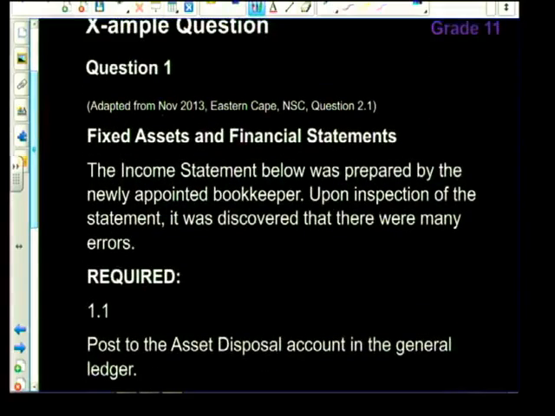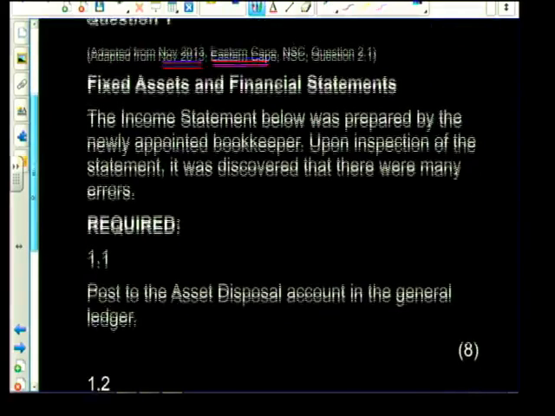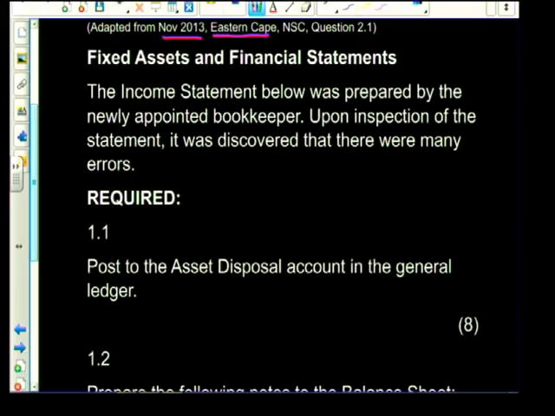This is a question from November 2013 from the Eastern Cape paper. And we're looking at our fixed assets and financial statements. So what they've given us is an income statement that was prepared by a newly appointed bookkeeper. Very often the questions have got newly appointed or inexperienced bookkeepers that have prepared financial statements, and you as the grade 11 expert in accounting need to come and fix up this income statement by fixing the errors that the inexperienced bookkeeper has made.